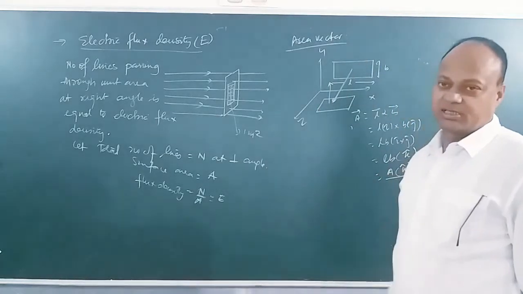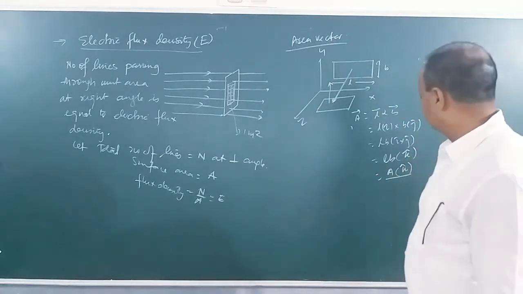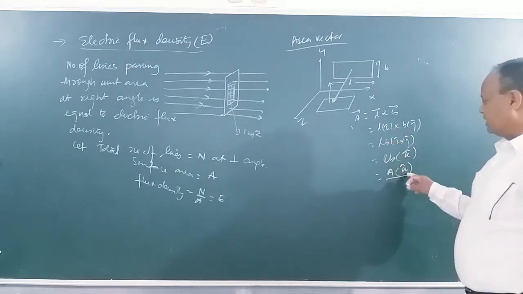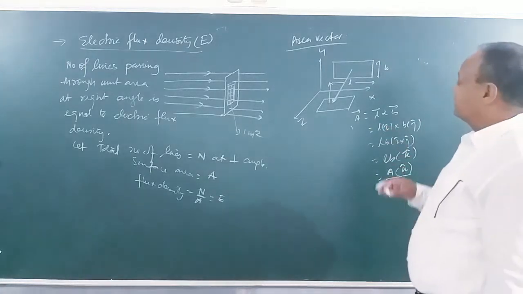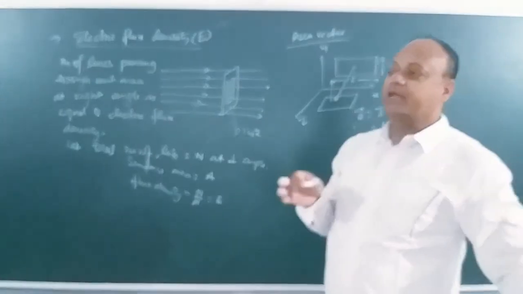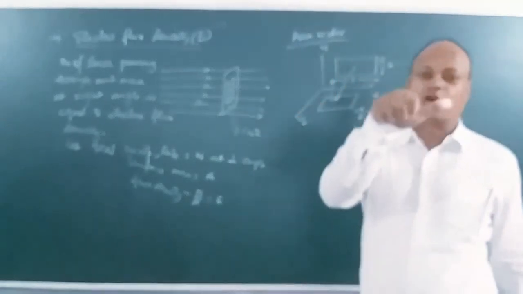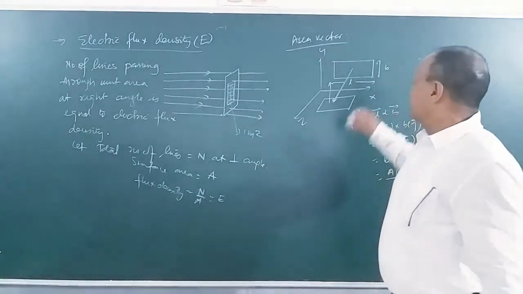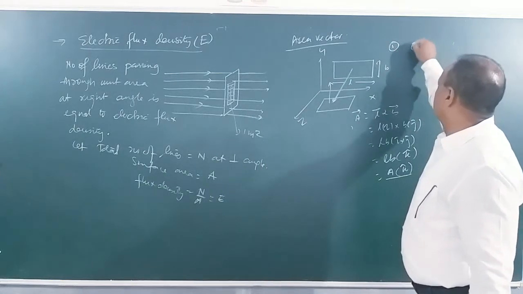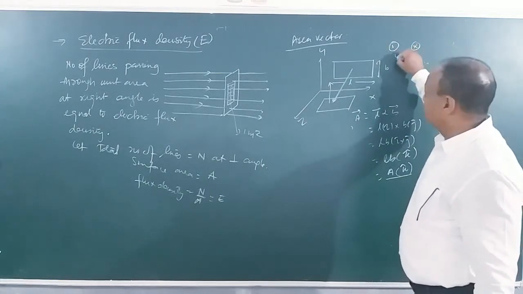Y axis. Okay, that's about two-dimensional space. Area is equal to A into k. So area vector is directed perpendicular to a given surface area, and by convention we take the outward normal. There are two normals, this is outside and this is inside. So we take this one.